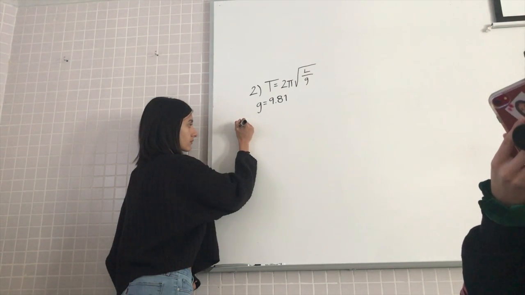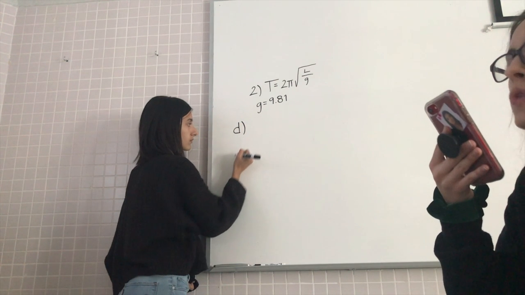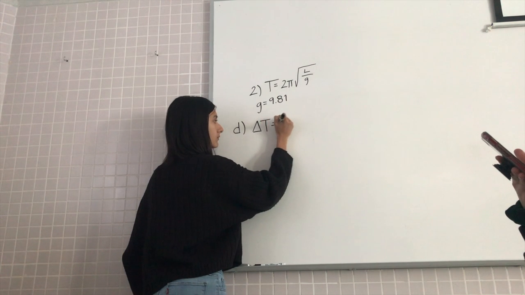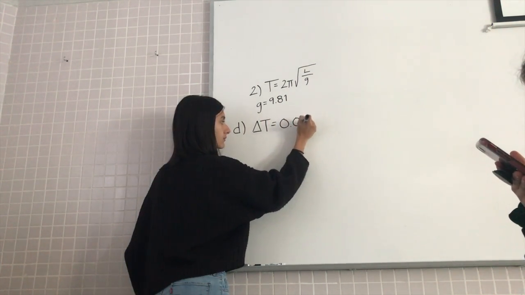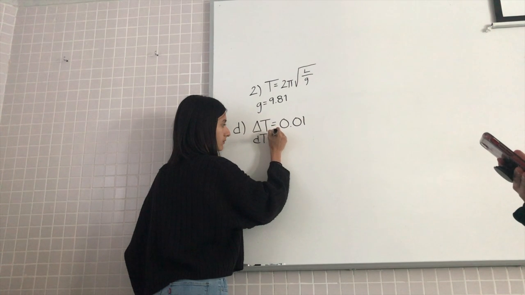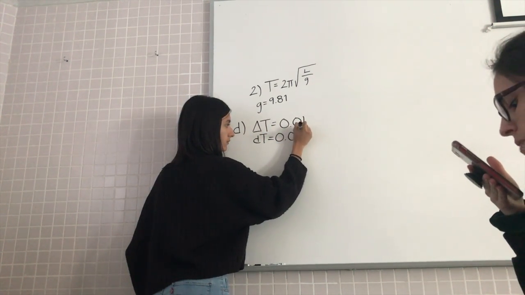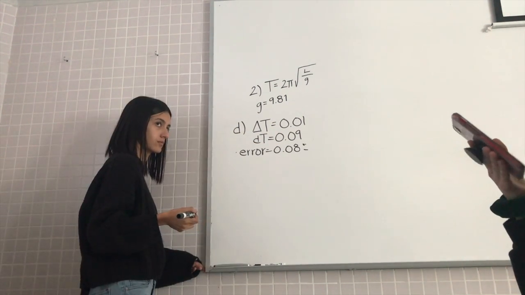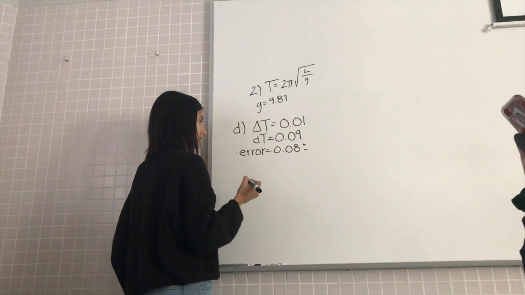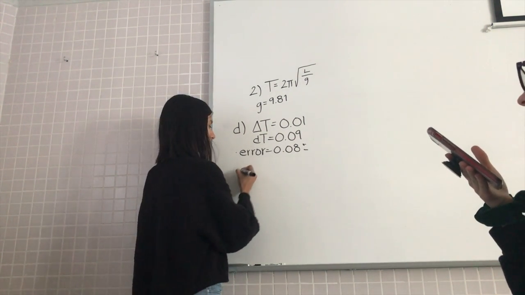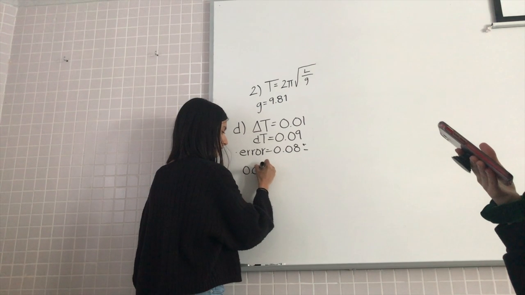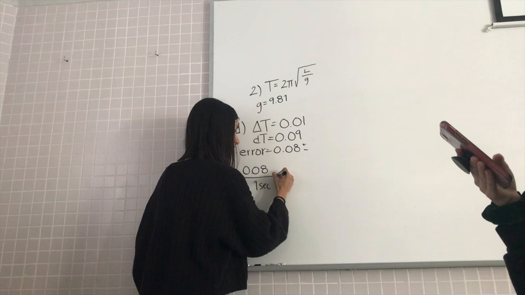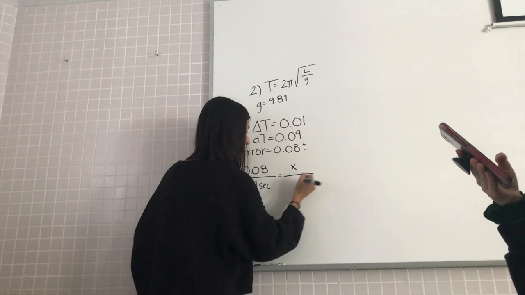Letter D says to find the approximate error in the pendulum clock in 1 day. We know that delta T is equal to 0.01 and dT is equal to 0.09. So we suggest that the approximate error in 1 second is 0.08. And so, if we want to find the approximate error in 1 day, we can say that if 0.08 is the approximate error in 1 second, then what is the approximate error in 1 day?